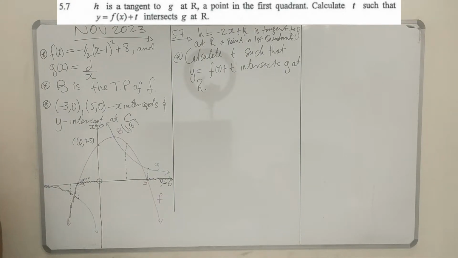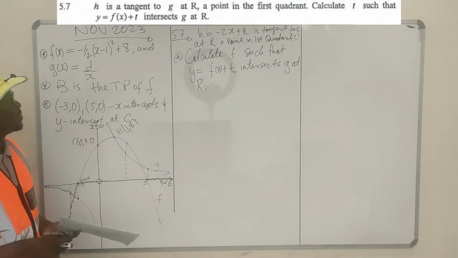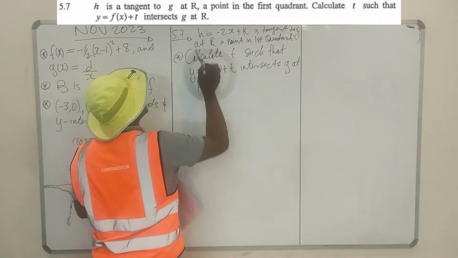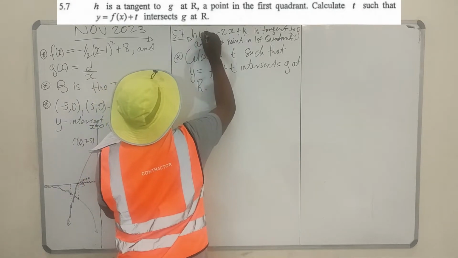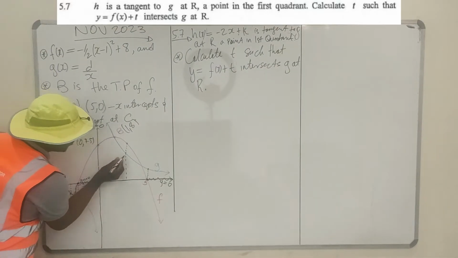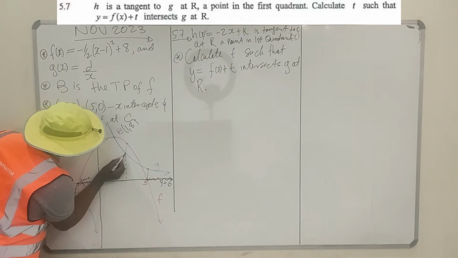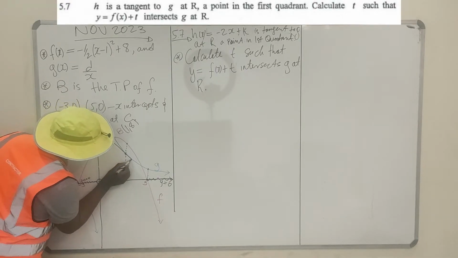Let me find a different color. Okay, so you are told that this equation h of x is a tangent to G. Let's say G maybe is a point here. So I'll draw the tangent.